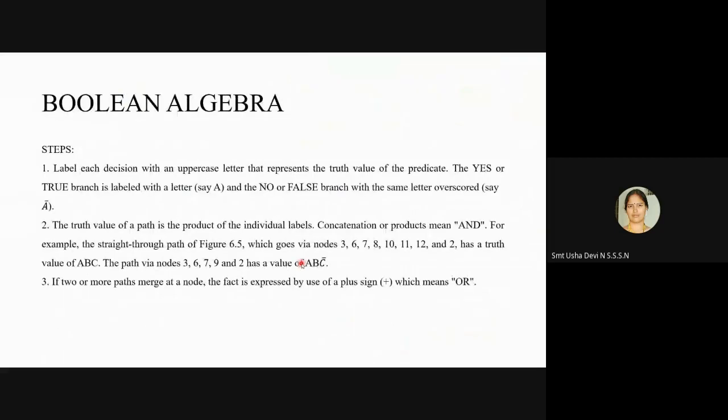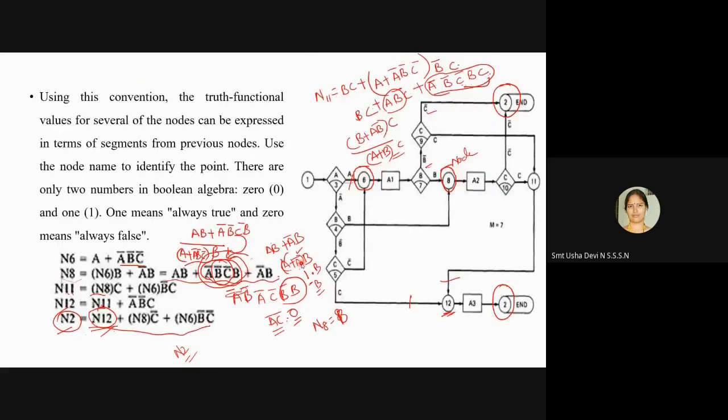Next, path expressions. That means how we are able to compute the resultant of a logic circuit. In a similar way, we can also compute the resultant of a flow graph. So how is it possible? Here, first I told you, whenever two points are joining at one single point, we need to create a node and number that node.